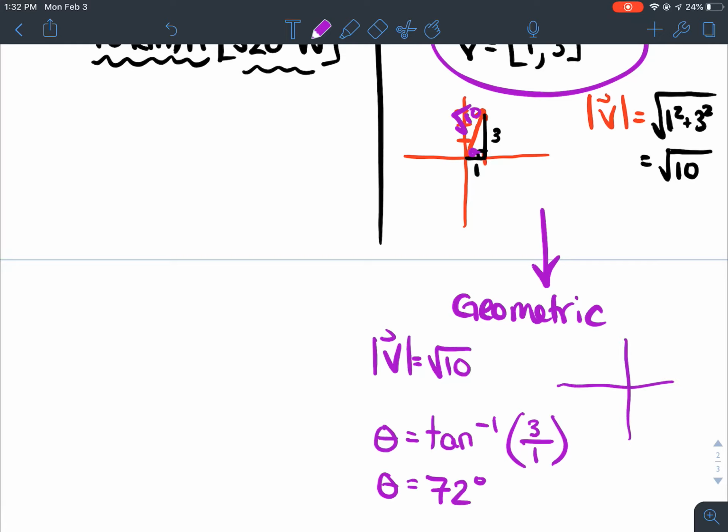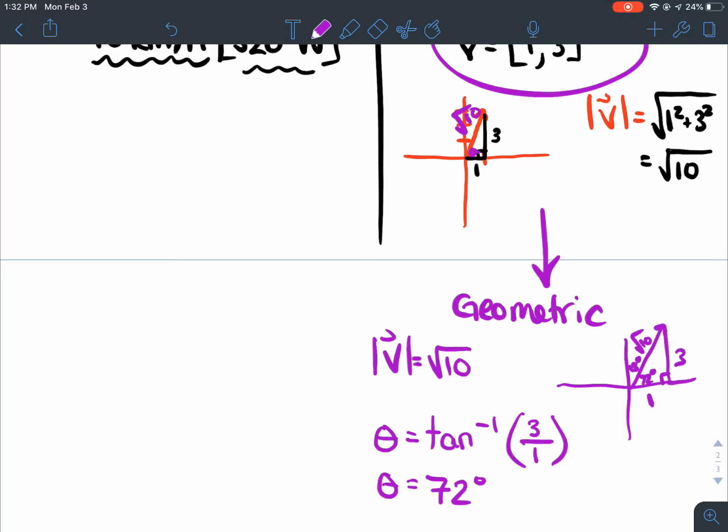Let's just draw this again. I got this vector here. Boom. It's a little bit inaccurately drawn. I know my x and y components are 1 and 3. I found the magnitude is root 10. And I just found the angle 72. And therefore, I would know that top angle is 90 minus 72, which is 18 degrees up here.